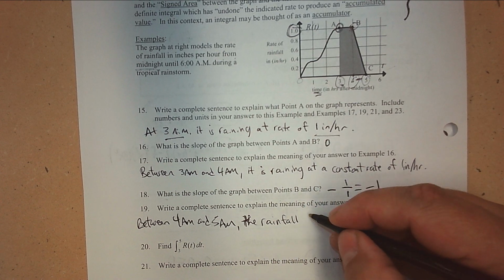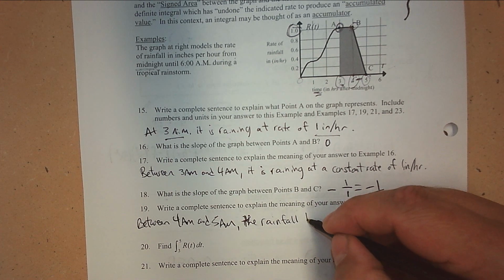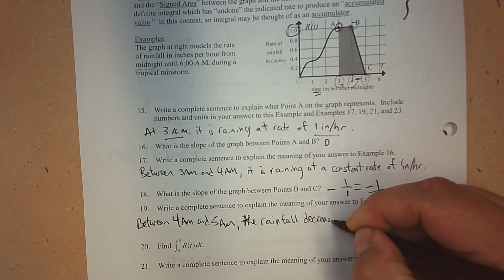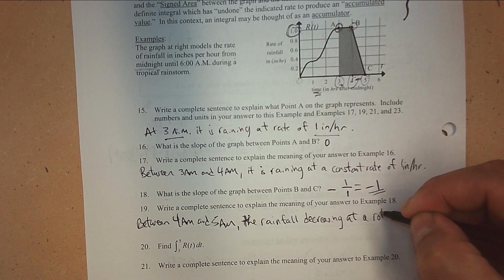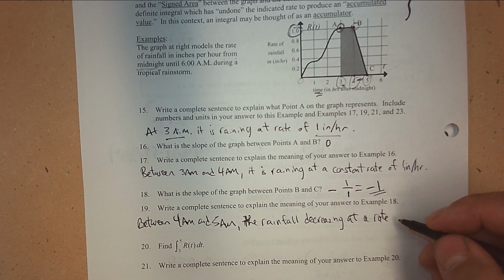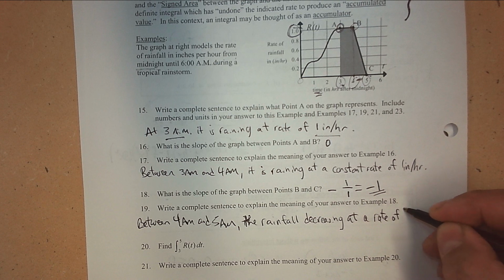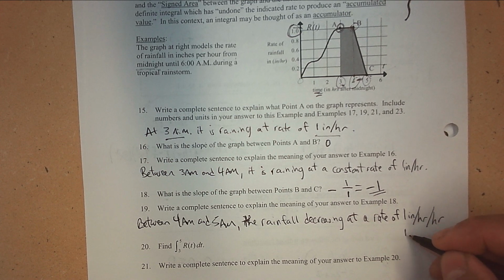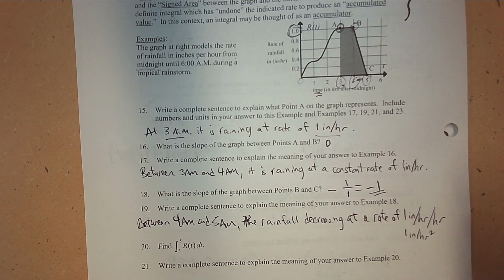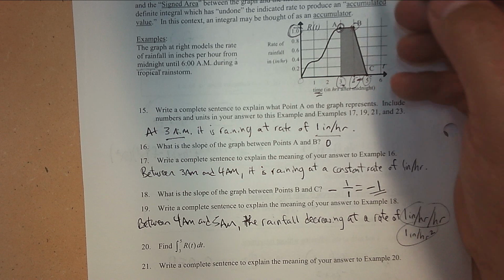The rainfall is decreasing at a rate of 1 inch per hour per hour. You could also say it as 1 inch per hour squared. Both would be right.